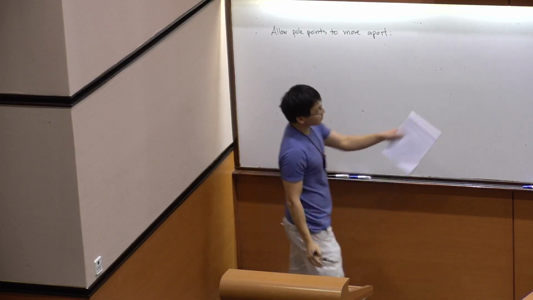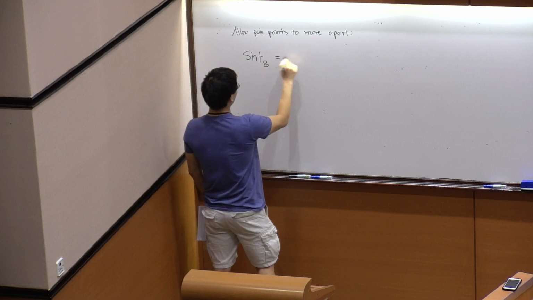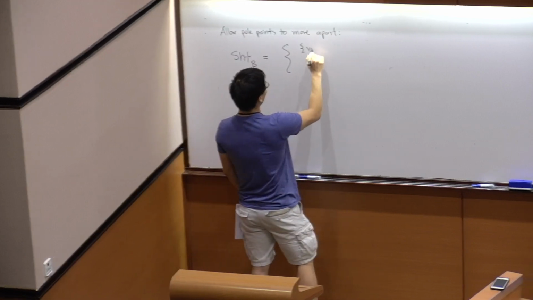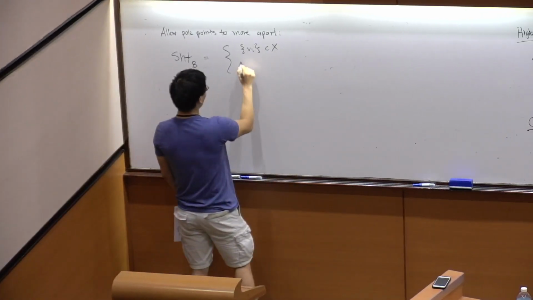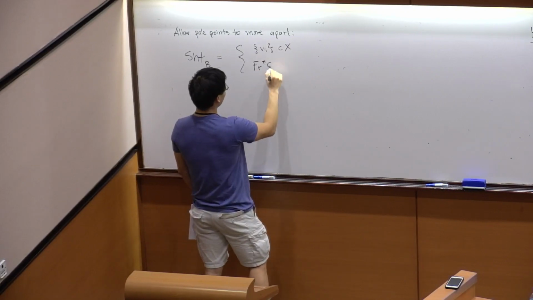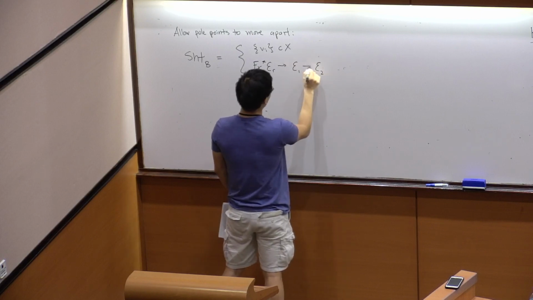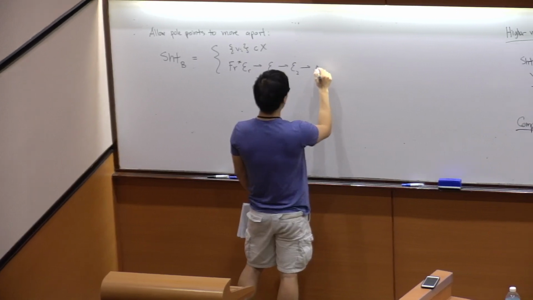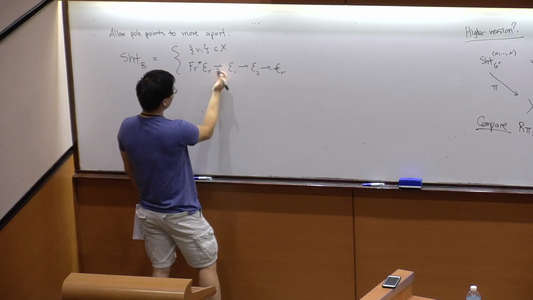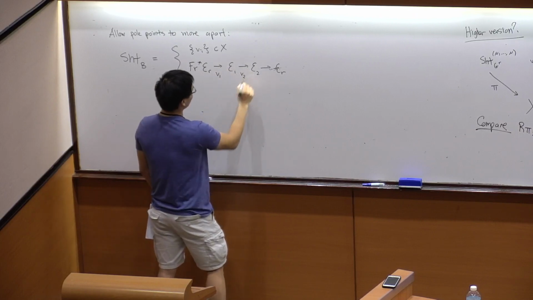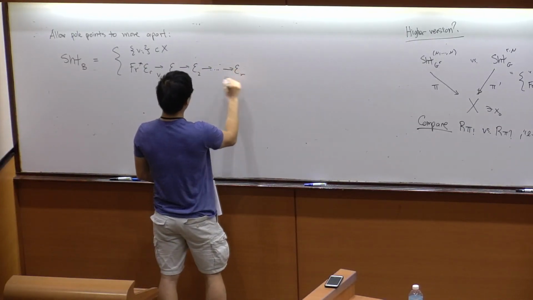In other words, instead of this space I've written down here, let's consider another space. I'm just going to call it Shtuka B, and it's going to parameterize the datum of a tuple of points v_i in X, and then something that looks similar, a tuple of G-bundles and isogenies between them, except I'm going to let this pole occur over v_1, and this one over v_2, etc., and the final one over v_R.